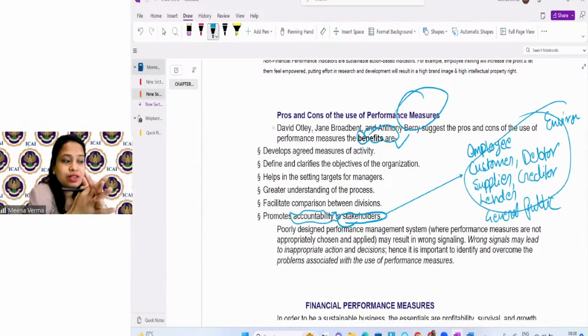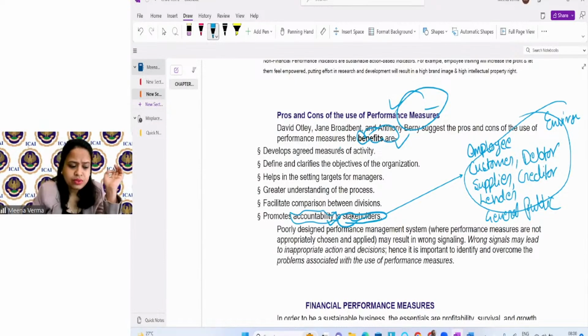Think about everyone, not just your own profitability. Don't just think about gaining money. That is not enough. Right? So when you measure performance, both financial and non-financial, it will promote accountability toward all the stakeholders.